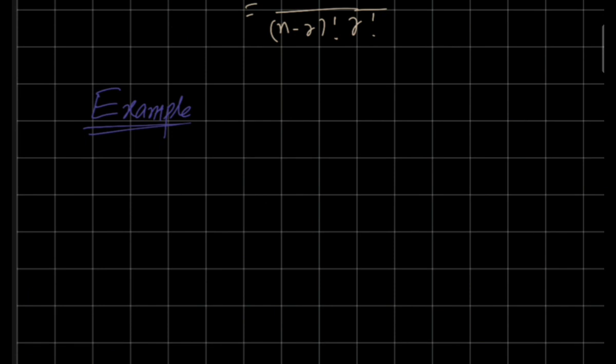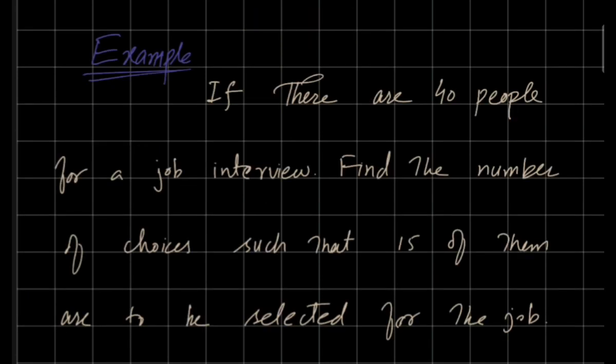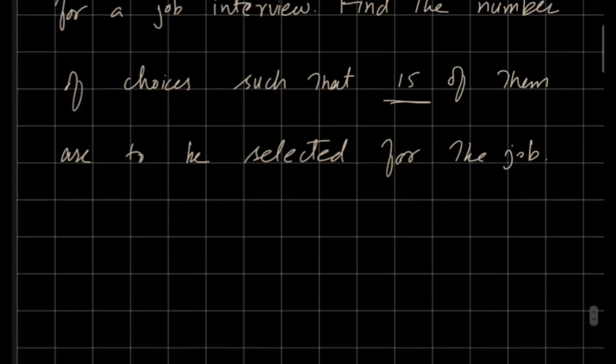So look at an example below. If there are 40 people for a job interview, find the number of choices such that 15 of them are to be selected for the job. Let's look how to solve.